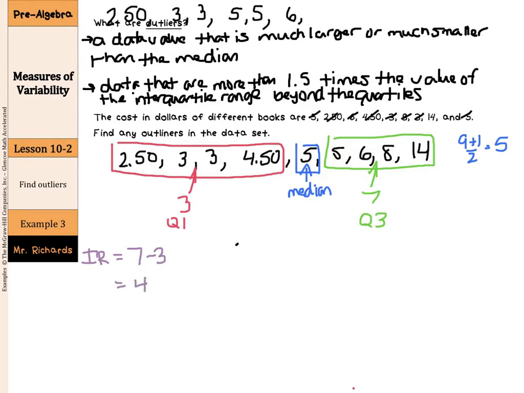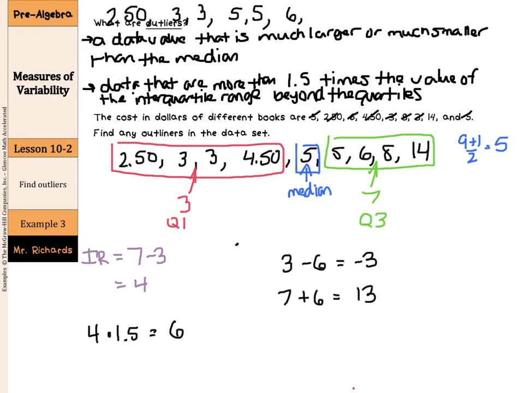Next, I need to multiply that interquartile range of 4 by 1.5, which is 6. And what I'm going to do with that 6 now is I'm going to take the first quartile of 3, subtract that 6 and get negative 3. Then I'm going to take the third quartile of 7 and add the 6 to get 13.